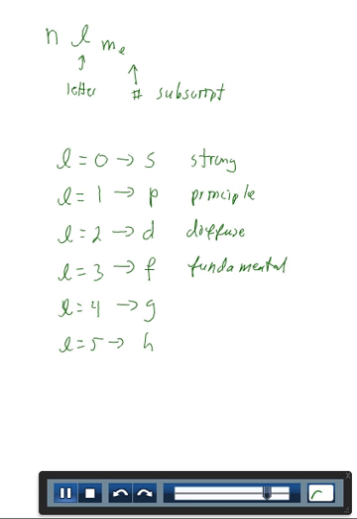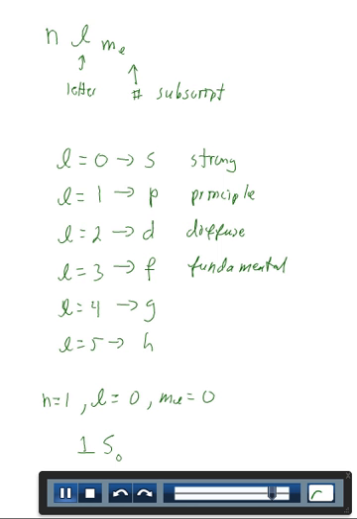So now if N equal 1, L equals 0, M sub L equals 0, we use the following symbol. 1 for N. If L is 0, that's given the S symbol, and M sub L is 0, so we write it as a subscript.